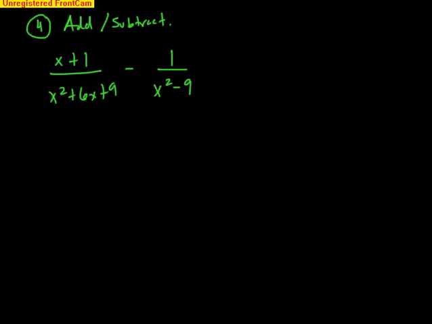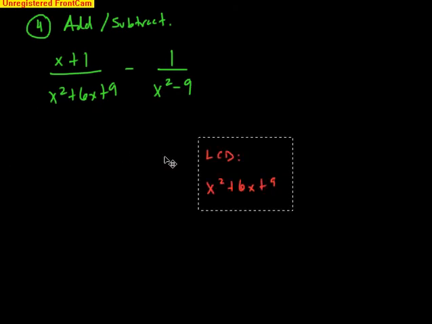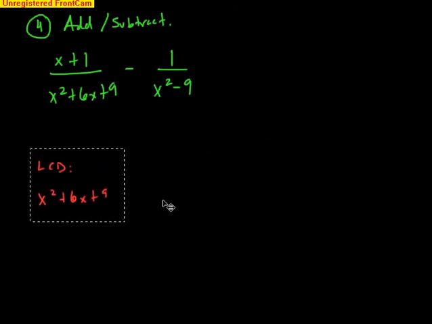And the first thing we need to do is find our LCD. Now, in order to get our LCD, we have to factor the denominators. So this x squared plus 6x plus 9, let's see if it factors. I'm actually going to bring this stuff lower. Two sets of parentheses.